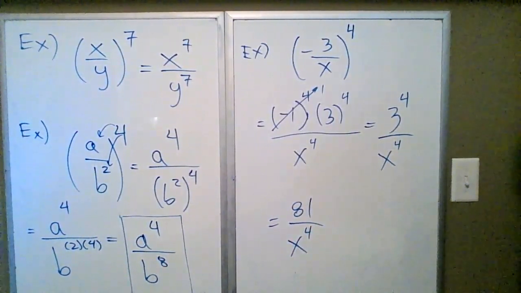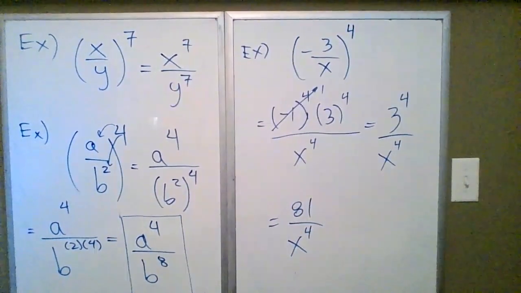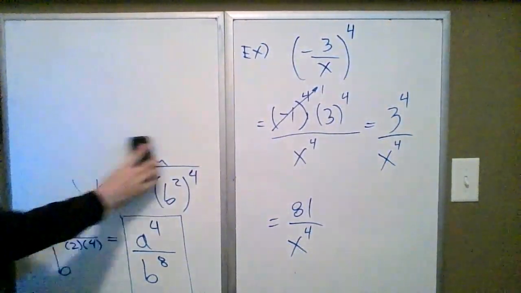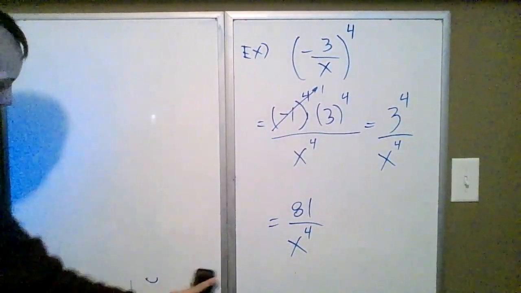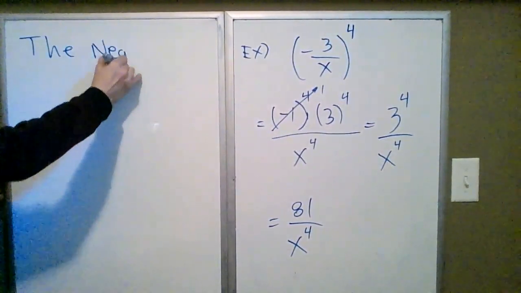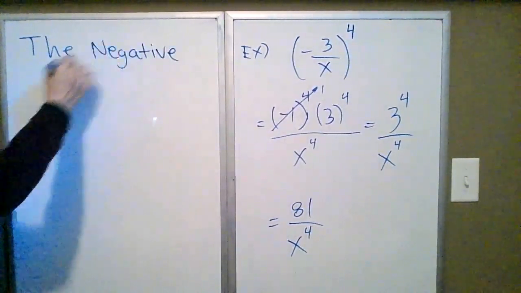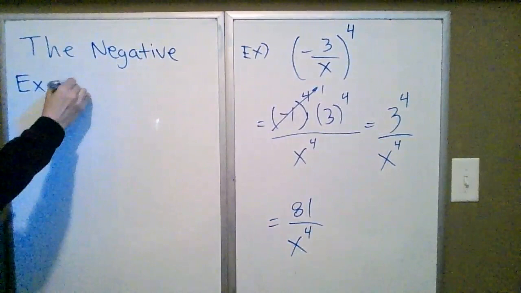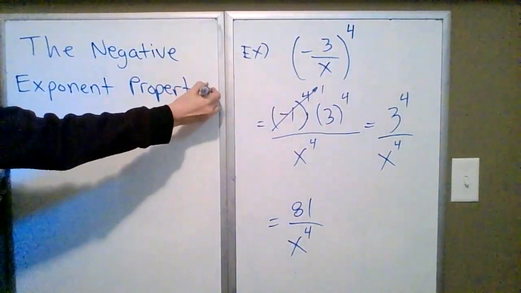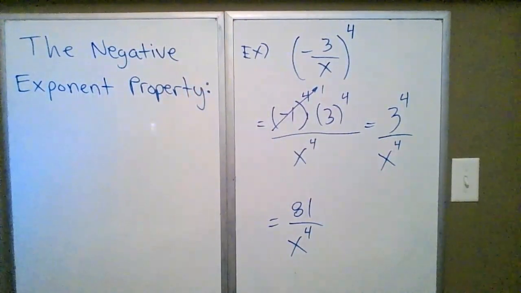The next rule is the negative exponent property. Let a be a real number and let r be a positive integer.